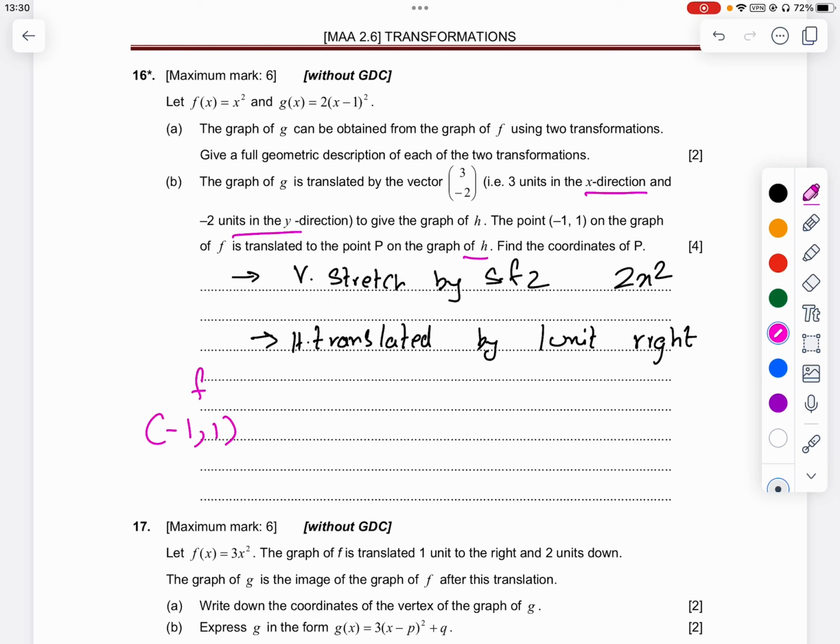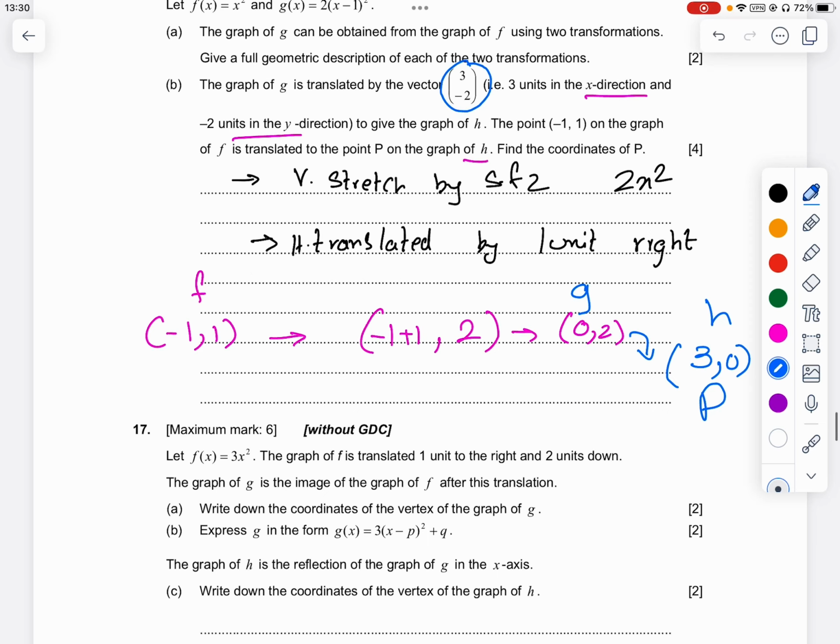I should be multiplying the y coordinates with 2, so it becomes 2 times 1 is 2, and 1 unit right, so minus 1 plus 1, which is nothing but what? 0 comma 2. This is on g. Now g is becoming h, so by what? 3 comma minus 2, so add 3 comma minus 2, so it becomes 3 comma 0. So this is a point h, which is a point p. That's going to be the answer.